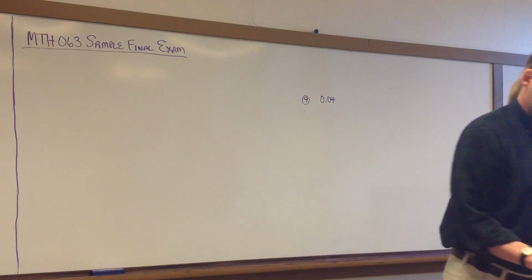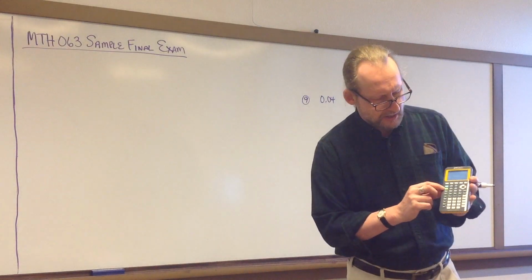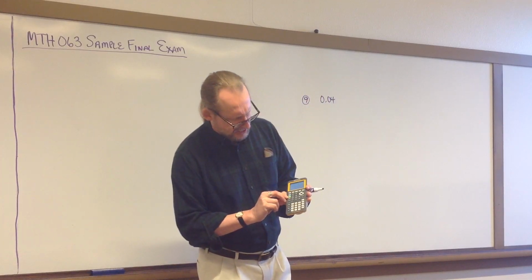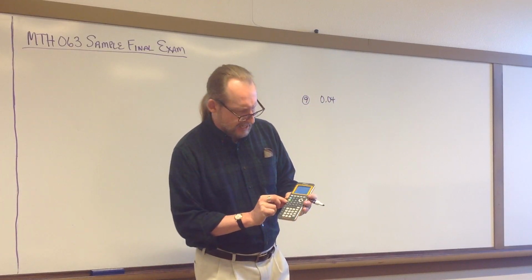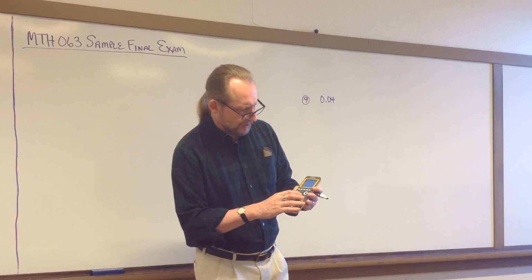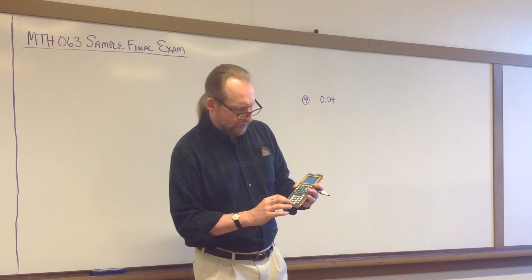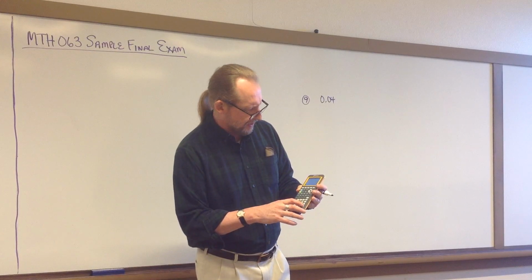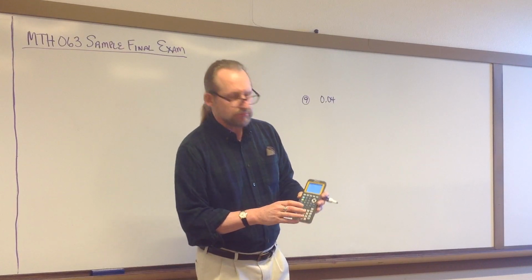If you're using one of these calculators, the math key is directly underneath the green alpha key, and when you hit that, choice number 2 is turn it into a decimal. So you would type in 0.04, hit math, choose number 2, and hit enter.